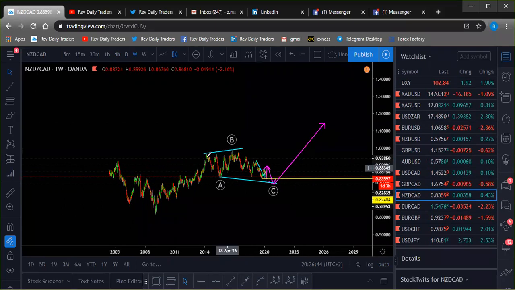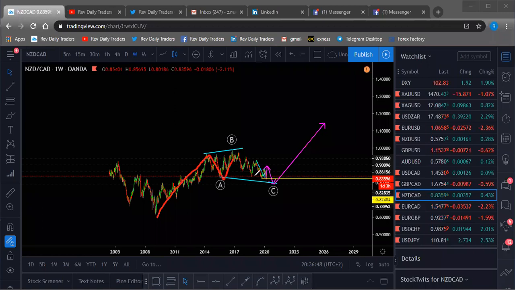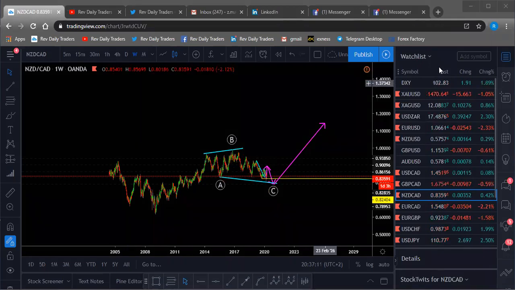We have an impulse here, then it's 1, it's 2, it's 3. We're expecting for this price to come here. So the coming weeks or the long trend on NZD CAD, you have to look for buys. Okay, look for buys. But at the moment, let's see what the market is doing.